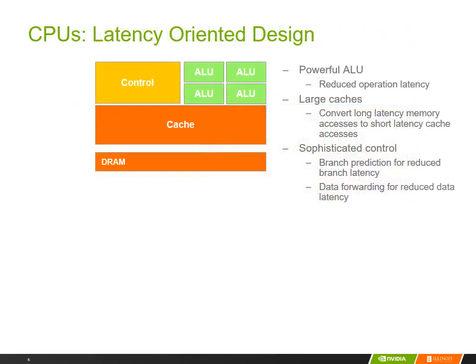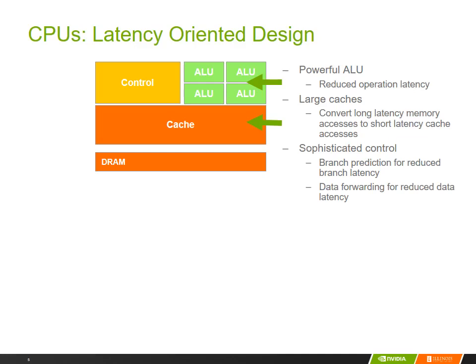In this slide, we show a few features of CPUs that allow the CPUs to be latency-oriented devices. First of all, they have fairly large ALUs, shown as large green boxes, and these are powerful ALU designs that reduce arithmetic operation latency. The second feature is a fairly large amount of cache memory that is designed to convert long latency memory accesses to short latency cache accesses.